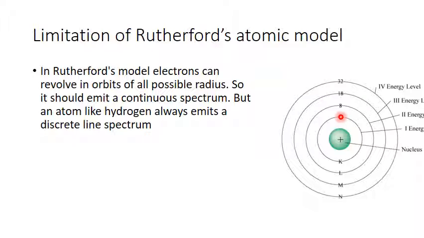According to his model, the electron which is revolving in this second orbit could jump to, let us say, this fourth energy level. It is possible for an electron which is in the first energy level to move to the fourth energy level.